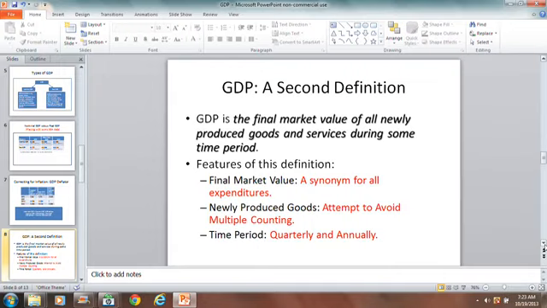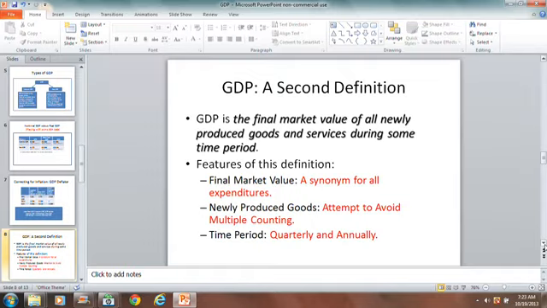For example, if I want to sell my house, the final market value will be determined once I find a buyer that's willing to pay the price I'm looking for. So there'd be a price and a quantity. The price would be the agreed upon sale price, and the quantity would be my one house.